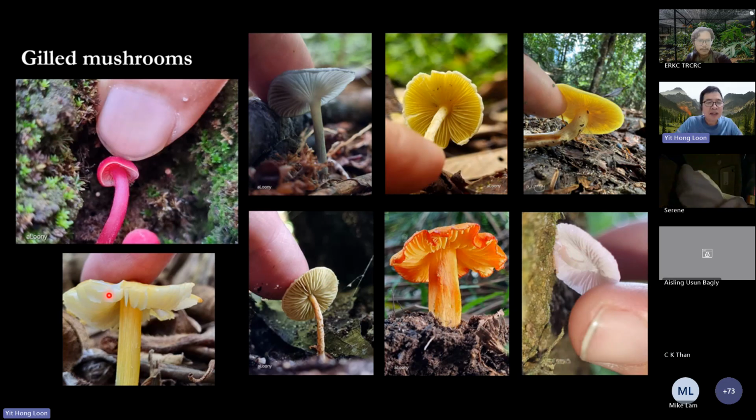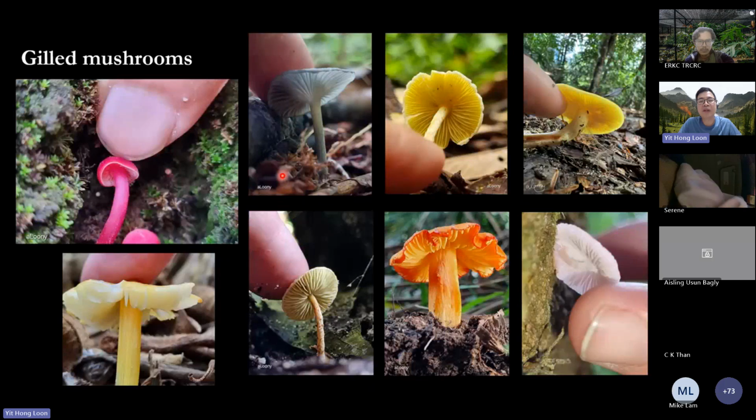Sometimes shooting a photo to expose the gill is a bit difficult, because the gill is always hidden underneath the cap. So I use a finger to slightly press the mushroom so that it exposes the gill. Then I can take a photo of the gill.